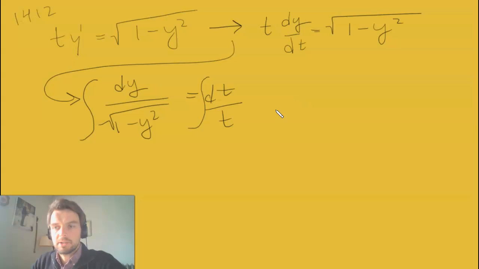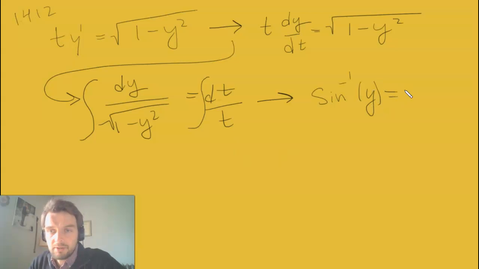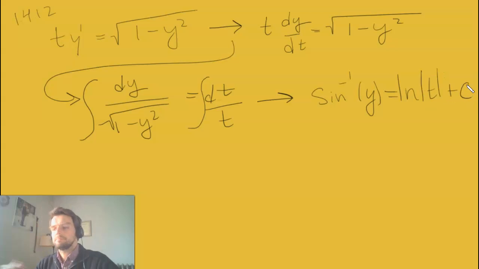So in this particular problem, notice that the left-hand side turns out to be the inverse sine, or the arcsine, of y. And the right-hand side is the natural log of t, right? And because we haven't limited t to be positive or negative here, we'll do the absolute value of t. And then we're going to add some arbitrary constant c.